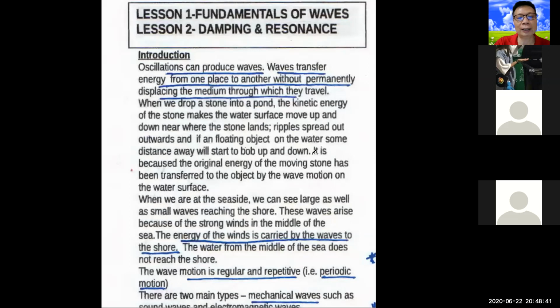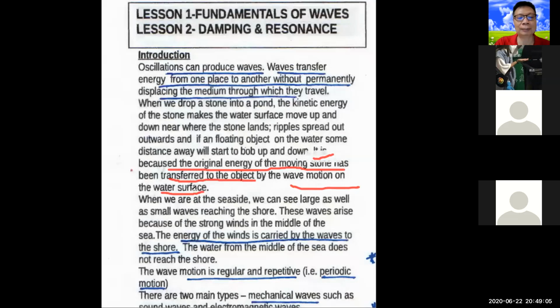Okay, highlight here now. It is because the original energy of the moving stone has been transferred to the object by the wave motion. Okay, so you got the energy from the stone. The energy of the stone is transferred to the water, then the water wave comes out, right? When we are at the seaside, this is another example.